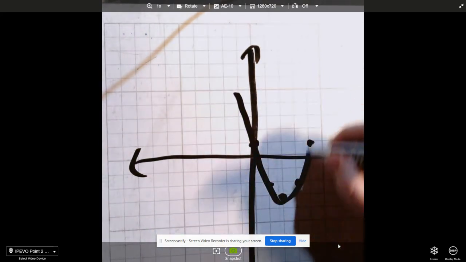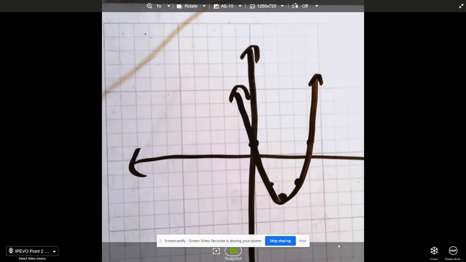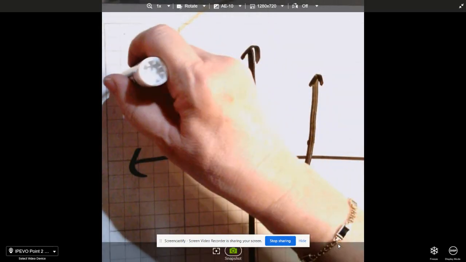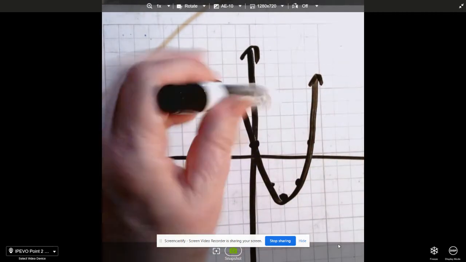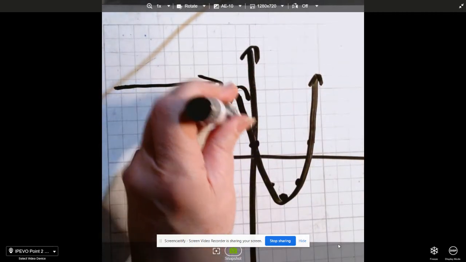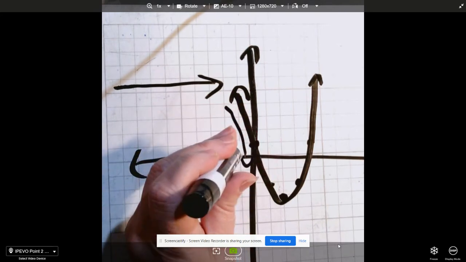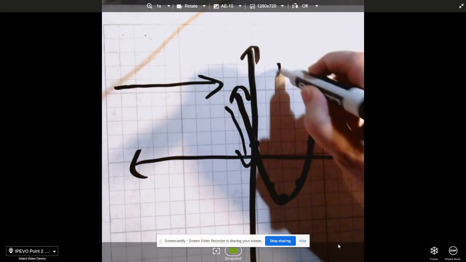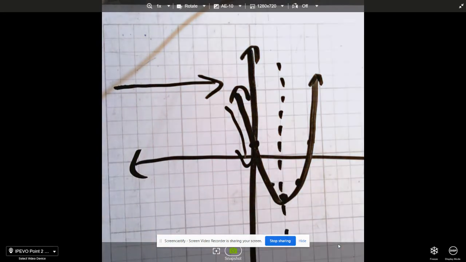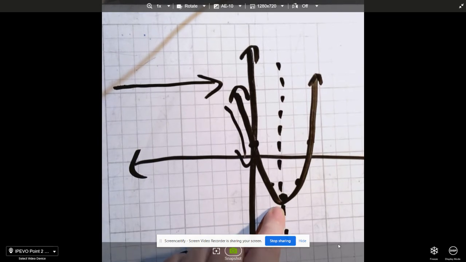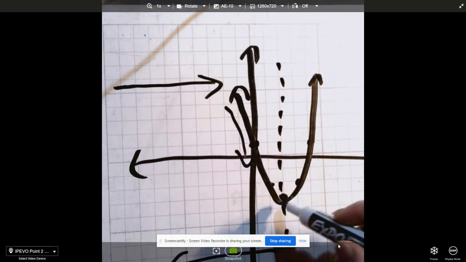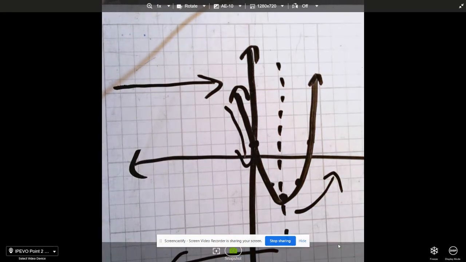You're always going to start riding your roller coaster from the left, just like you read left to right. So if I got on my roller coaster here at this point, I'd be going down first. So it would be decreasing. It's decreasing to the left of my axis of symmetry, so it's decreasing when x is less than 2. And it's going to be increasing over on this side.